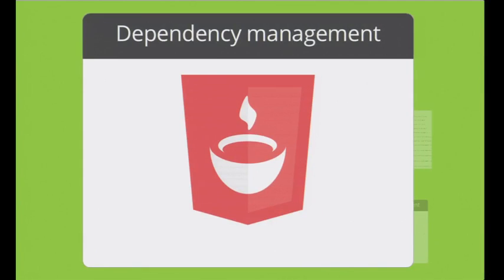WebJars is not a TypeSafe thing, but it was made by one of my colleagues before he joined TypeSafe. His name's James Ward. The idea is basically take the releases of JavaScript projects, package them as jars, deploy them to Maven Central, where any Maven, SBT, Ivy, Gradle, Ant project can go and download it and access it without having to embed things directly into your project.